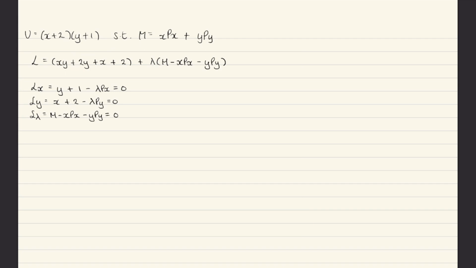If it was just finding, say, the maximum profit with no constraint, you get rid of this part and just use the Hessian matrix. We'll have a 2x2 matrix to make it easier: f of xx, f of xy, f of xy, and f of yy, which is basically just the second partial derivatives of all the first order derivatives, right?